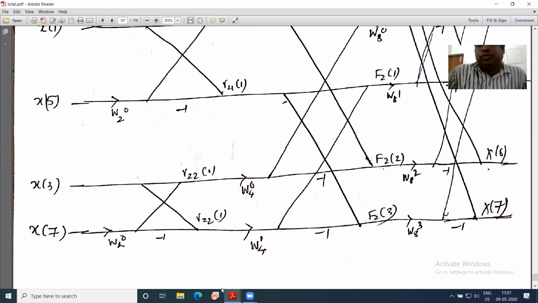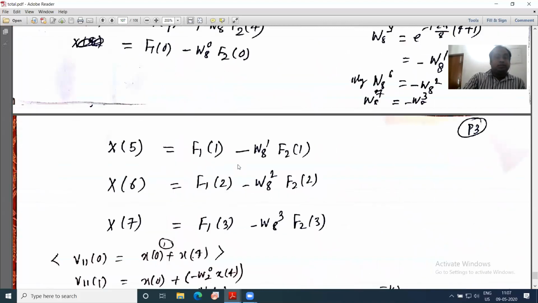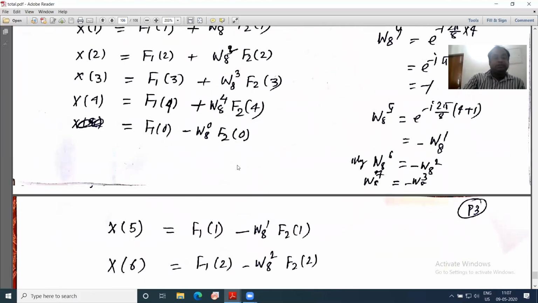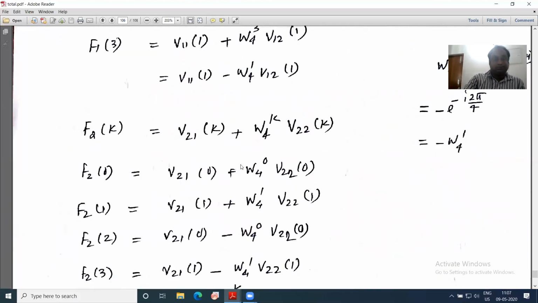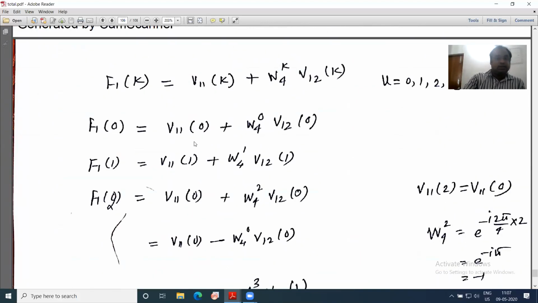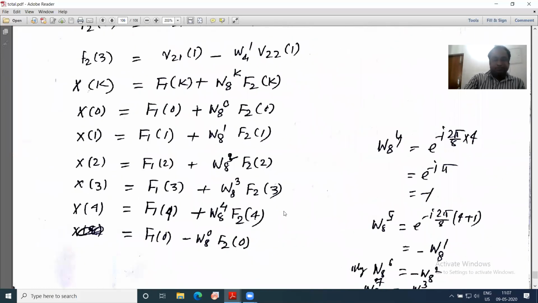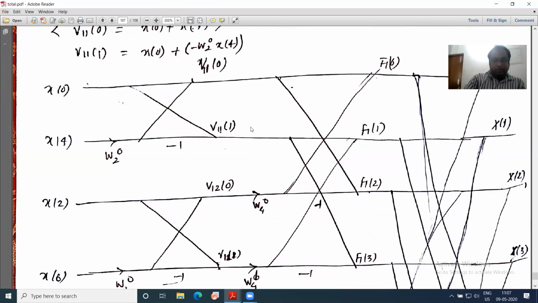Now the second stage of computation. What it says: now I have to compute F1 of 0, F1 of 1 like that. F1 of 0 equal to v11 of 0 plus W4^0 v12 of 0, and F1 of 1 is equal to v11 of 1 plus W4^1 v12 of 1. So first F1 of 0: v11 of 0 is here, and v12 of 0, so this line goes here.